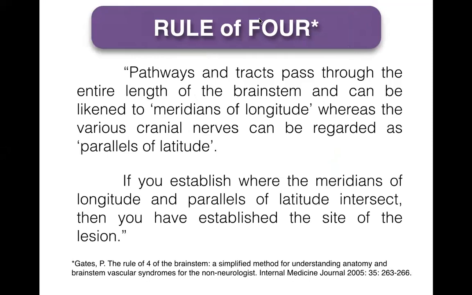So it says here, pathways and tracts pass through the entire length of the brainstem and can be likened to meridians of longitude, whereas the various cranial nerves can be regarded as parallels of latitude. So if you establish where the meridians of longitude and parallels of latitude intersect, then you have established the site of the lesion.